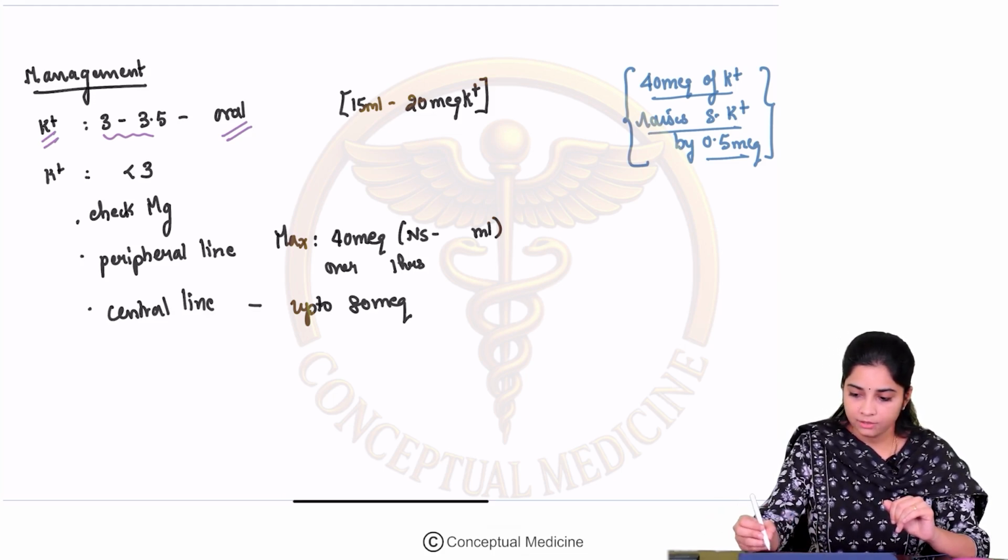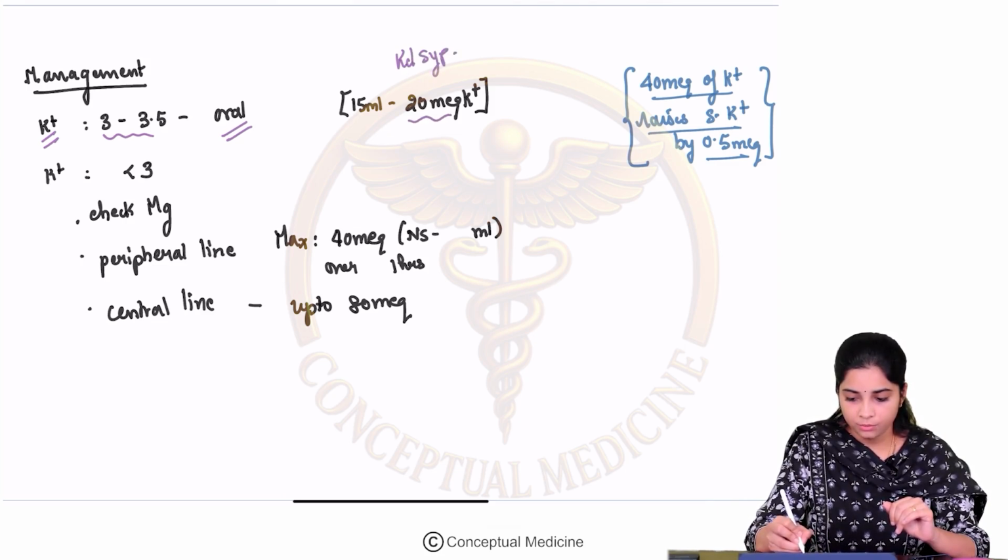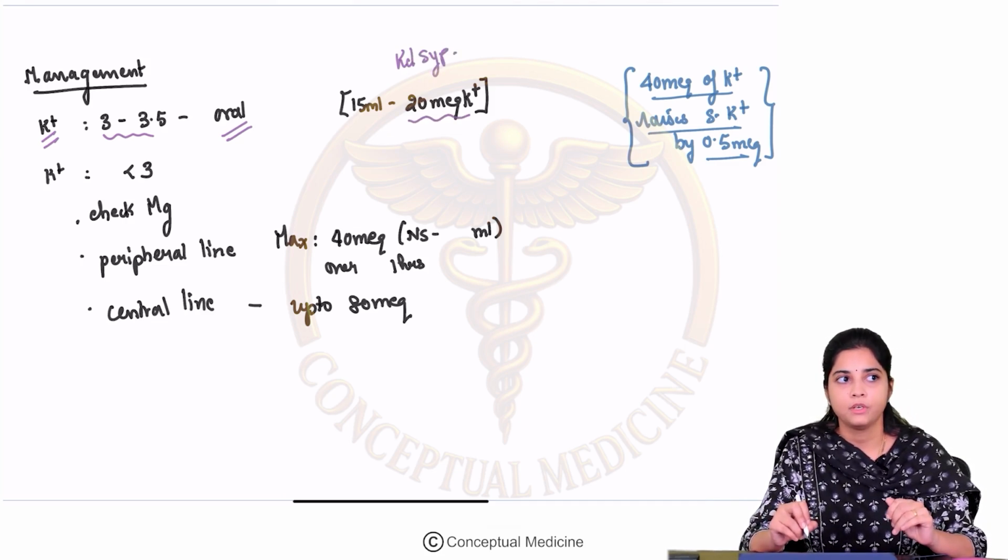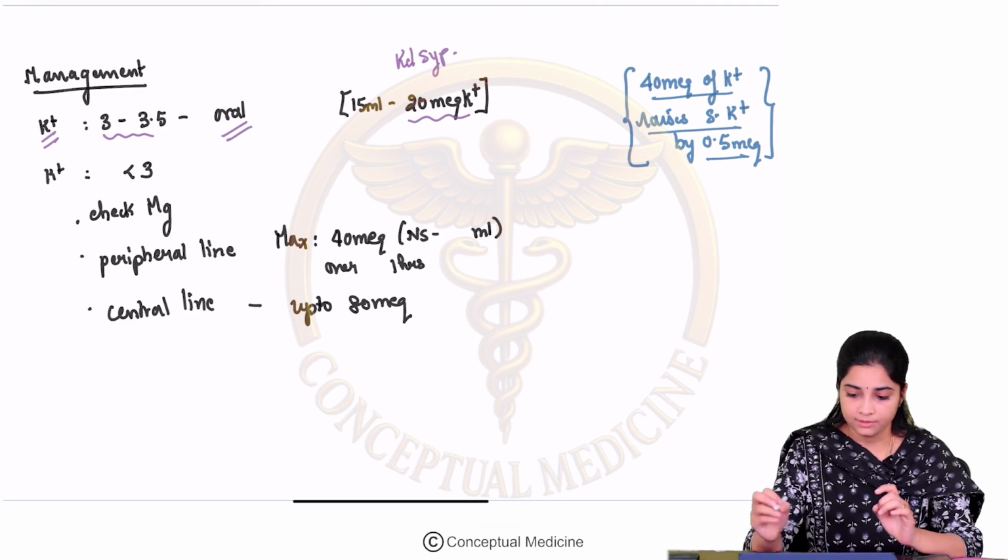So, 15 ml of KCl, it is given as a syrup. This has around 20 milliequivalents of potassium.